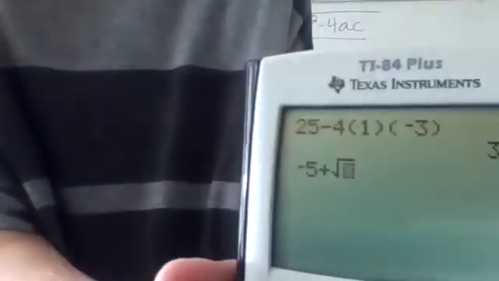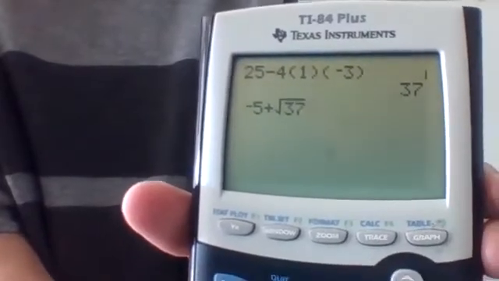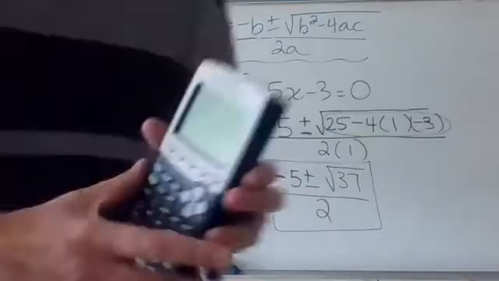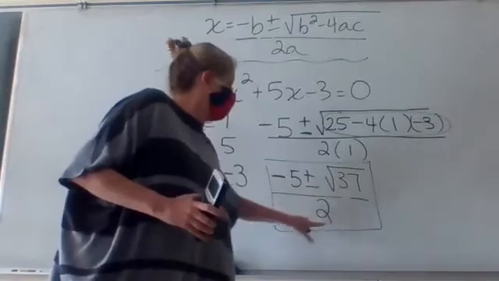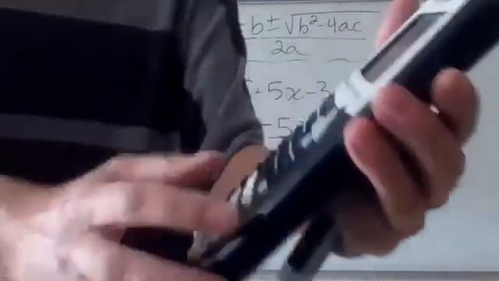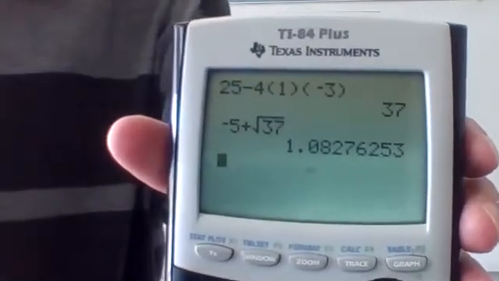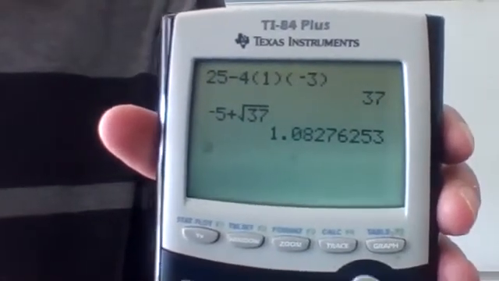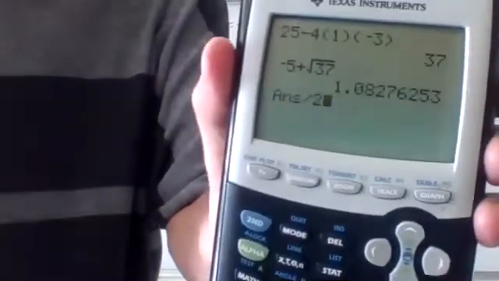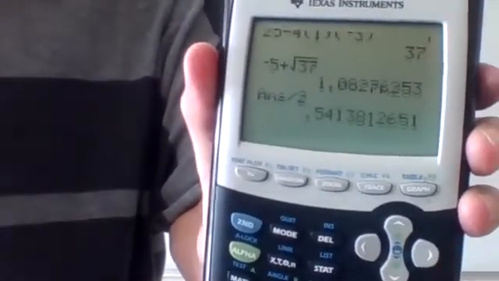So if you hit that, that'll give you that square root that you need. And then type in the square root of 37. Hit enter, but then what do you need to divide that by? What is your denominator? Divided by 2. So just go ahead after you type in the numerator, -5 plus the square root of 37, get your answer, and then divide your answer by 2 and hit enter.